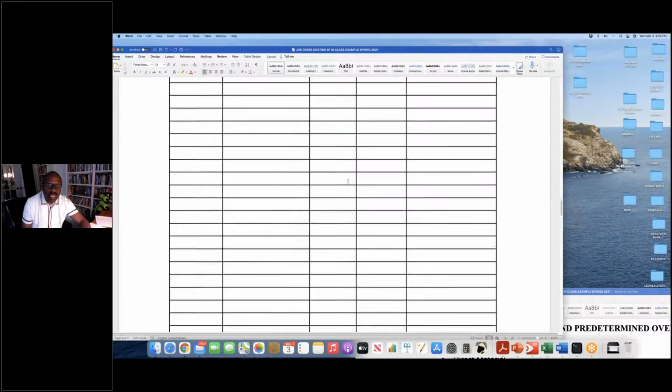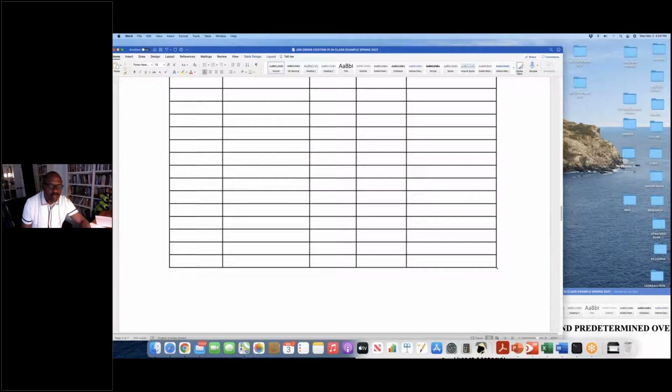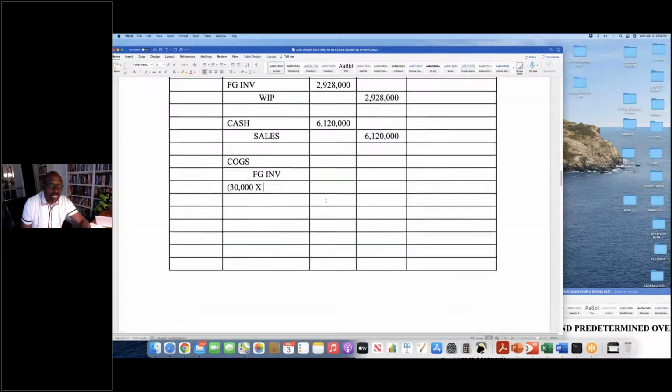We said this was 73.2. So our actual cost ended up being a little different than what we had planned. That can happen. So what's our total cost of goods sold? 2,196,000.